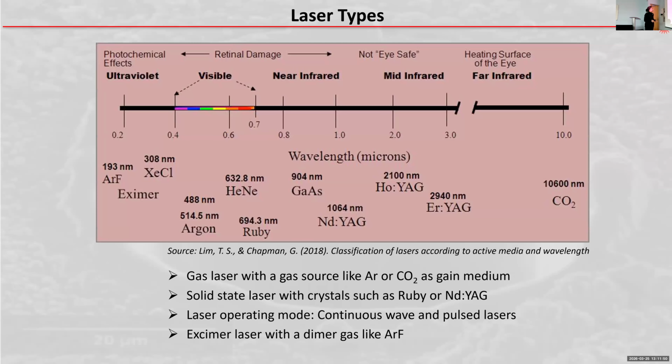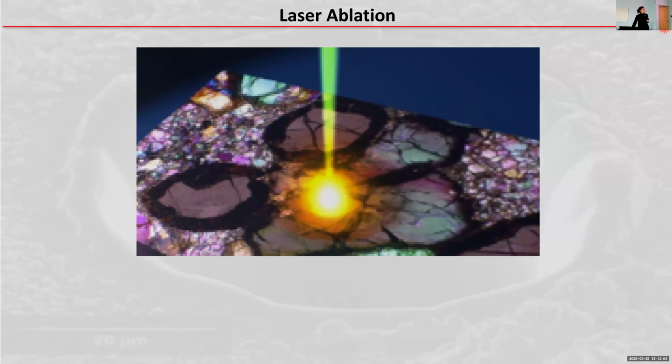Both of them, unlike the illustration shows, can produce laser light in the UV range with a wavelength of 193 nanometers. And you will see in a minute why that is important for laser ablation ICP-MS.